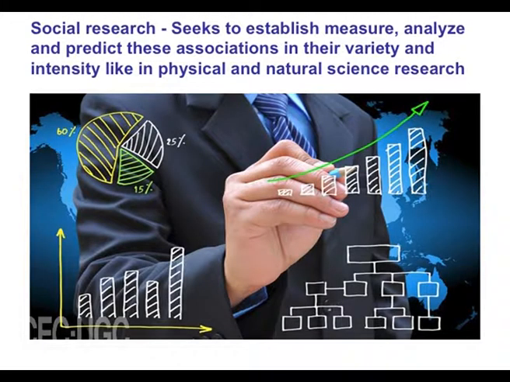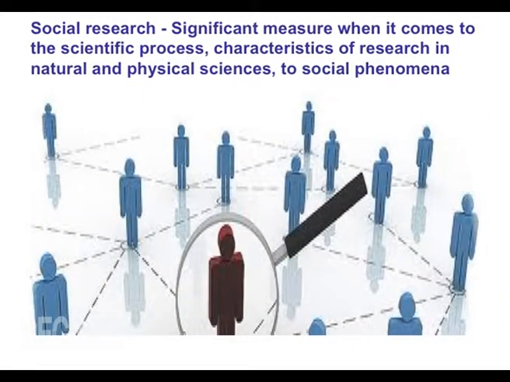Social research then, like research in physical and natural sciences, seeks to establish, measure, analyze and predict these associations in their variety and intensity. Social research assumes a distinct character of its own in a significant measure when it comes to the application of the scientific process.